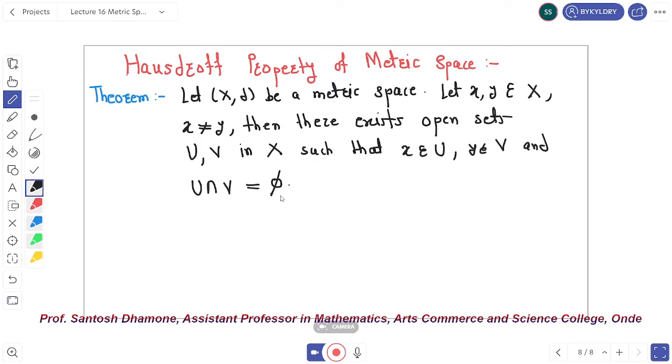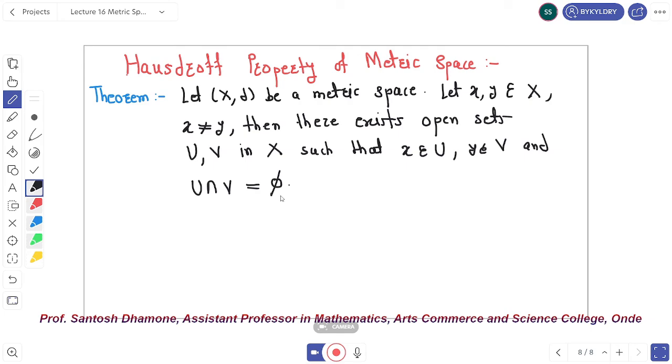Similarly, d(y,y), the distance between y and y, is equal to 0, which is less than r by 3.